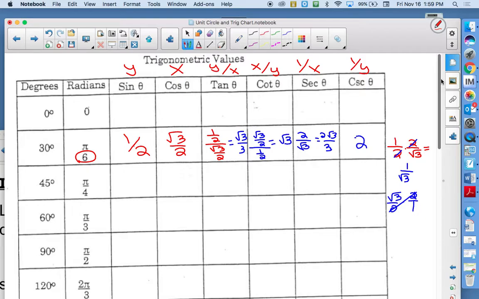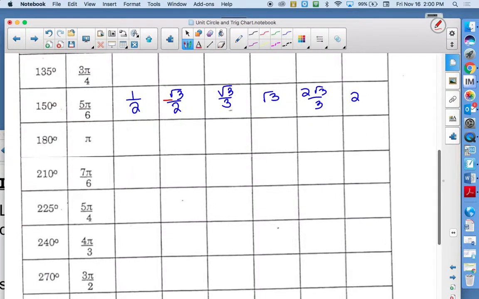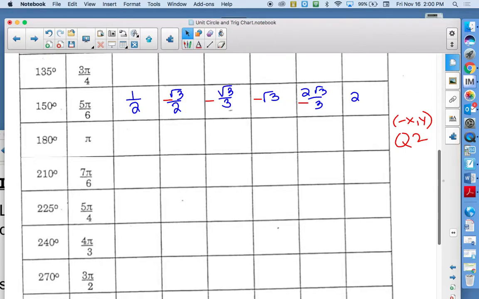So x is negative, anything that contains an x needs to be negative. That means the cosine, the tangent, the cotangent, the secant, all those get a negative value. Because this is quadrant 2, and x is negative. So then you would repeat that for the next pi over 6 angle. Let me move this guy up here. You'd repeat that for the next pi over 6 angle.